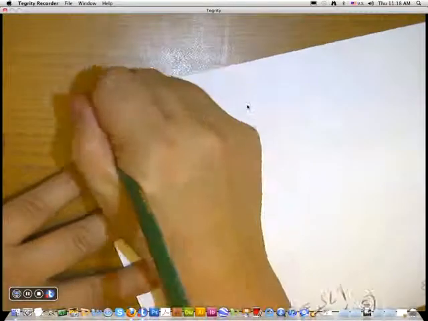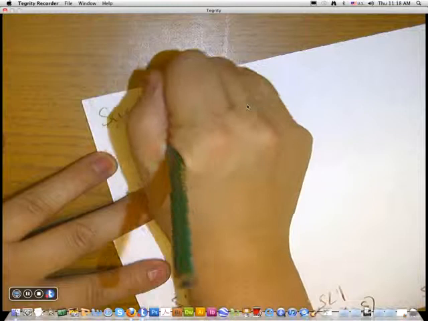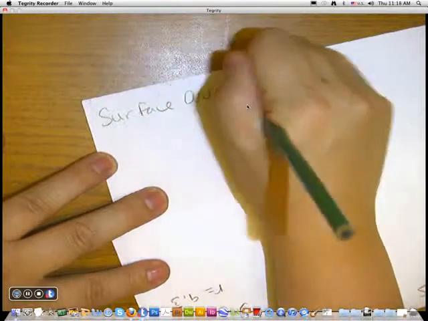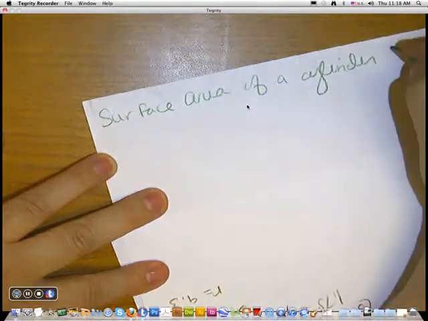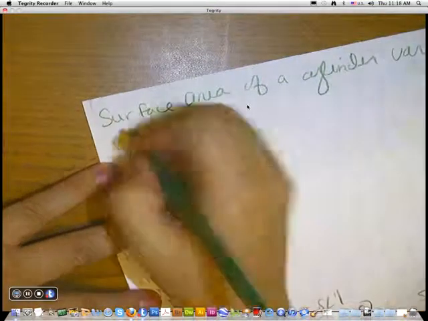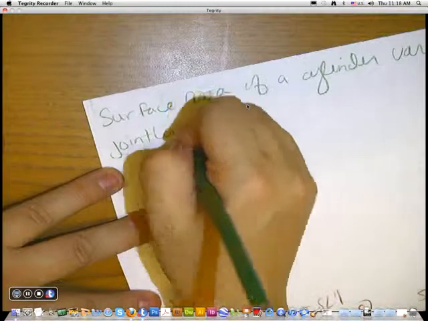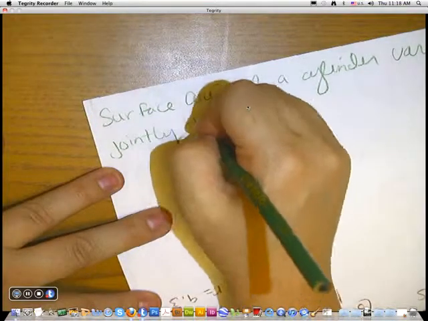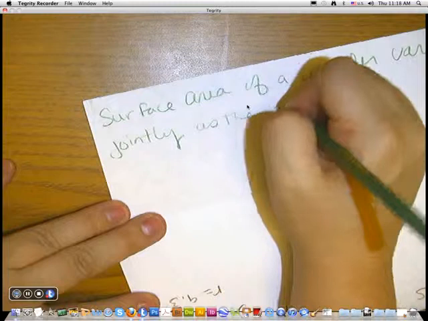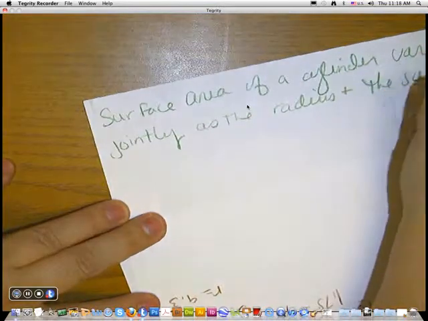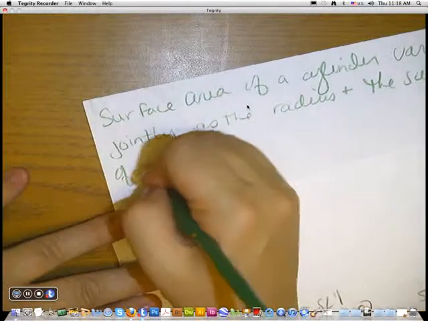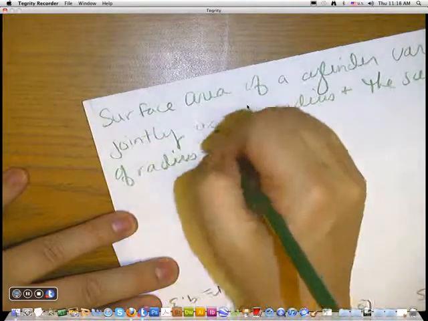Gotta write this one out. The surface area of a cylinder varies jointly as the radius and the sum of the radius and height.